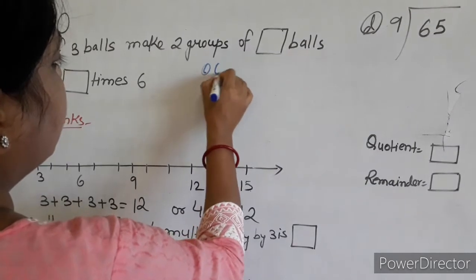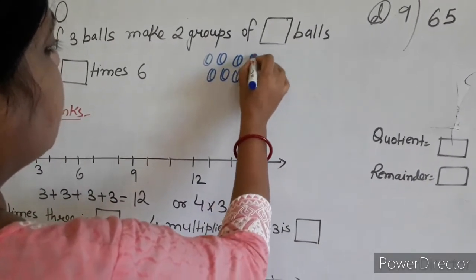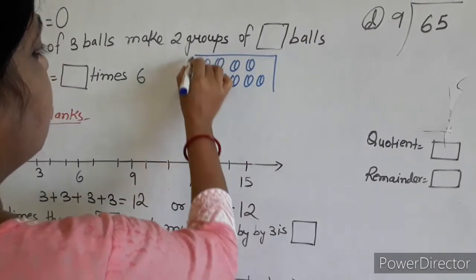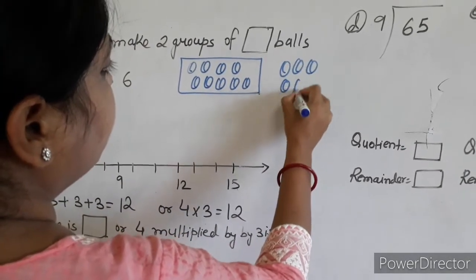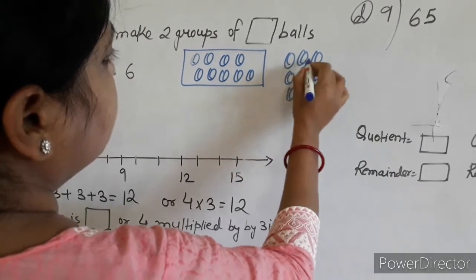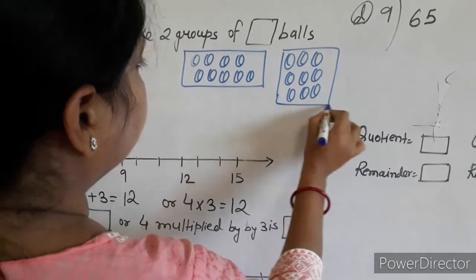If it is 1, 2, 3, 4, 5, 6, 7, 8, 9. Like this way you can draw.